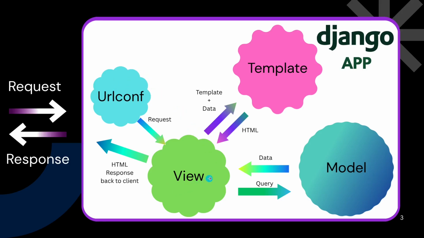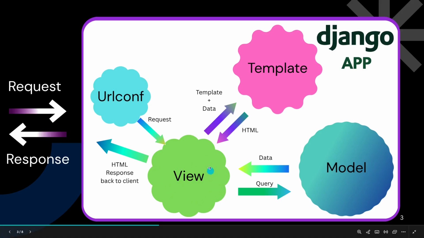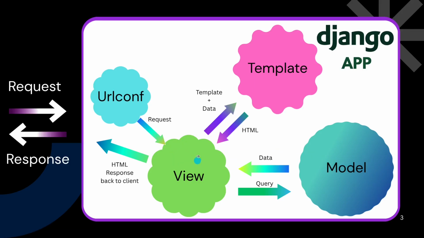The view contains the logic of the application. It performs the logic. It might fetch some data from the model, then it takes the template and data and renders it into final HTML. The final HTML is then sent back to the client as the response.